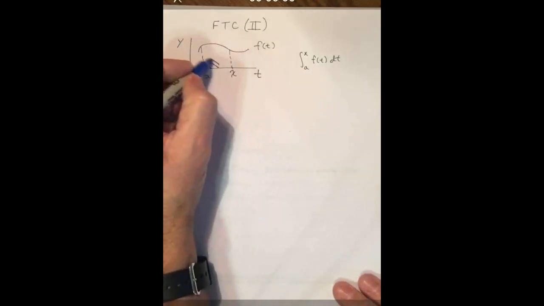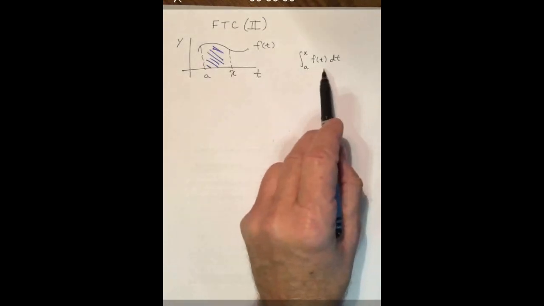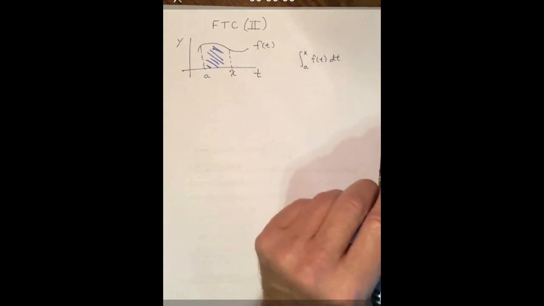Well, our coordinate system is the t-y axis, and we're looking at some function f of t, and we are interested in coming up with a representation for that integral right there. And from our previous discussion with the Riemann sums, we see that this right here represents that shaded area.